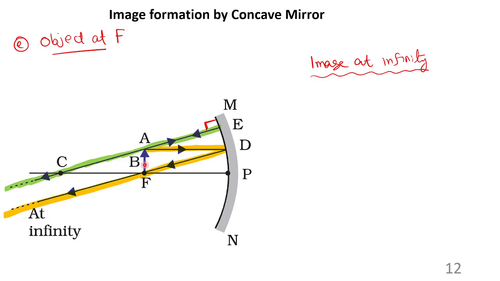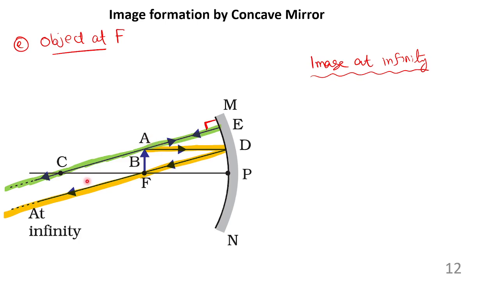So if you place a candle exactly at the focus of the mirror and you watch it, you will not see any image on the mirror. You will not be able to get any image. You will get some blurred image. Because the image is not developed, the reflected rays never meet, never intersect.